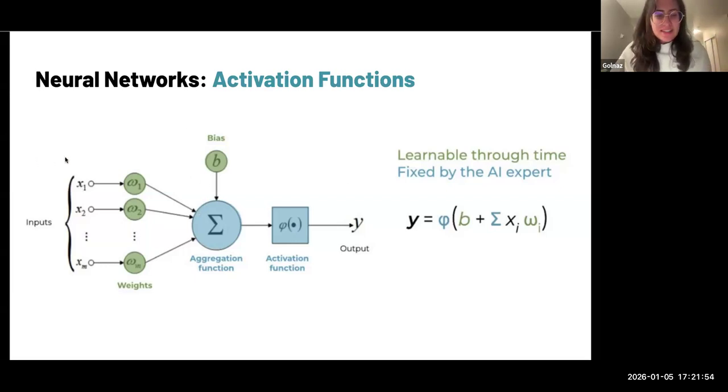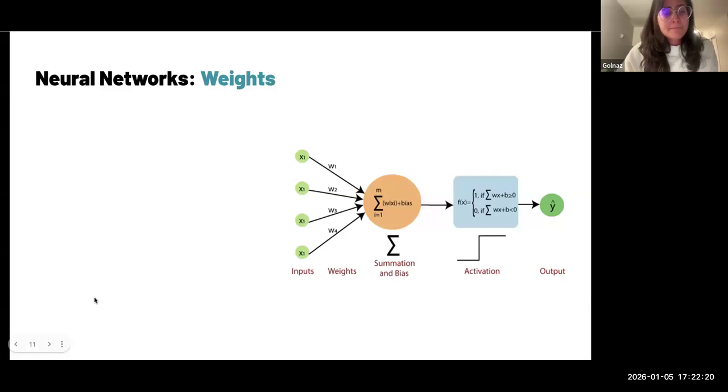So the goal here is that I'm not talking about the training process yet, but once your model has learned from your data, which we call the training process, what we hope is that this output will be as close as possible to the reality. So that means that what we need to do is to adjust all these weights and find the right importance for each of the input features that we have.